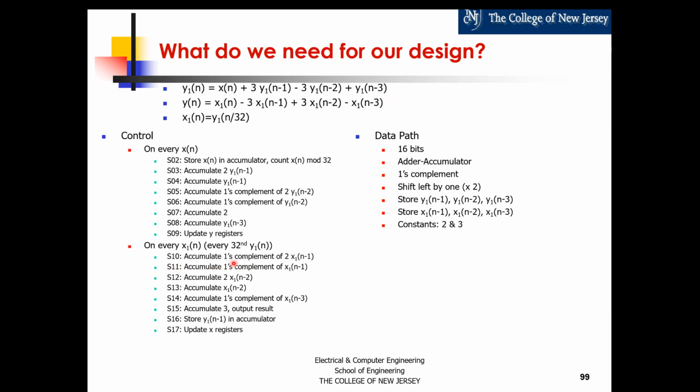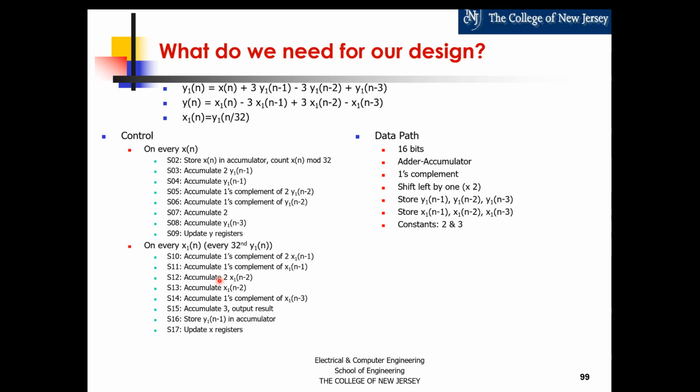So I'm going to accumulate the ones complement of this quantity, and then accumulate the ones complement of this one. And I have, at that point, part of this. It's not until we add 1 for each case that we have the full negative. We still don't have that quite yet, but I'm saving that because I want to do all the negative stuff together when I take care of this negative as well.